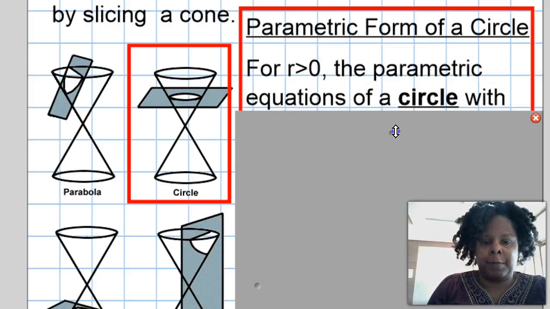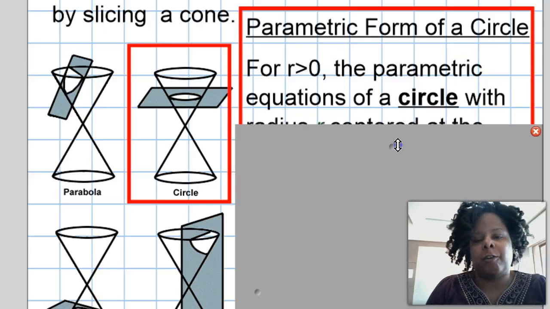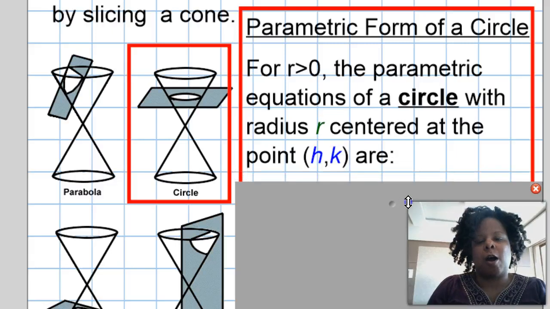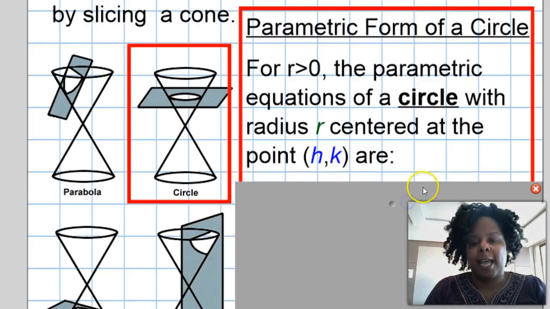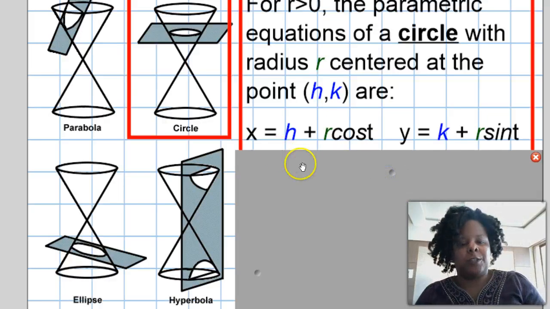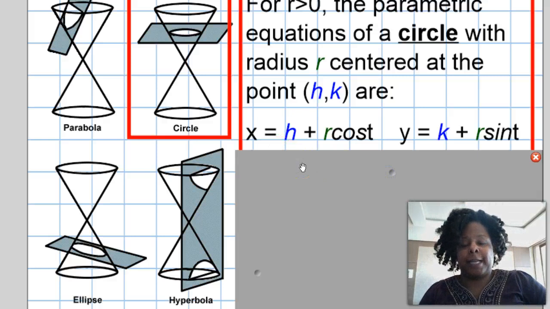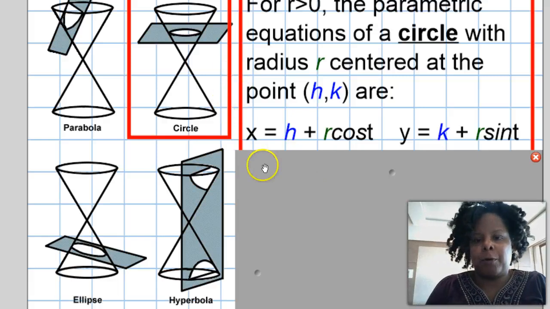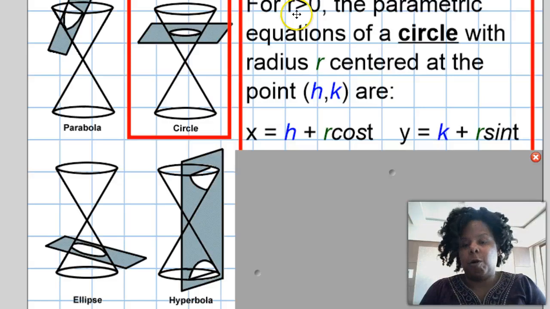For the radius r being greater than 0, the parametric equations of a circle with radius r centered at the point (h, k) look something like this: x is equal to h plus r cosine t, y is equal to k plus r sine t. If you recall in our last example, our circle had a radius of 1 and the center was at (0, 0).